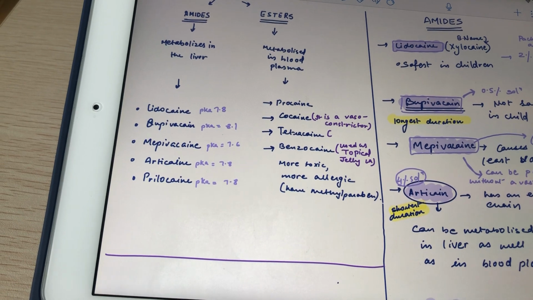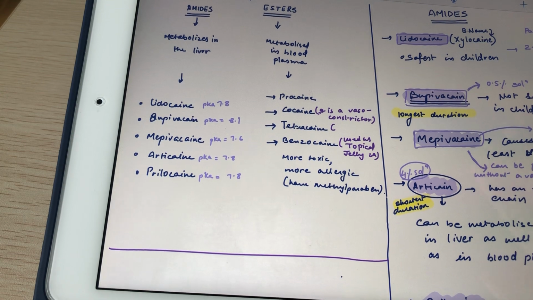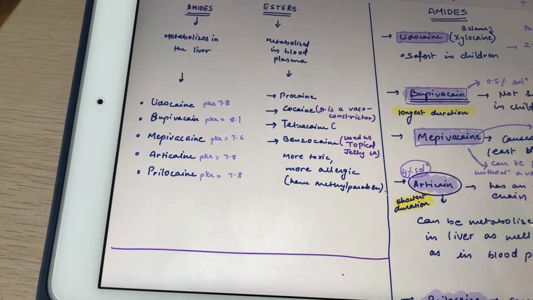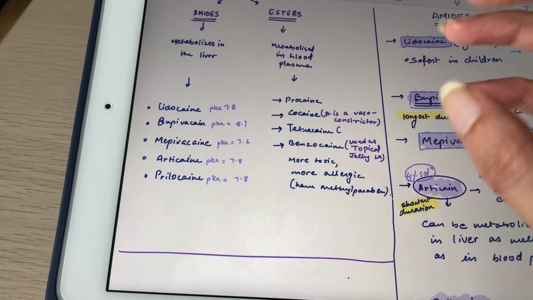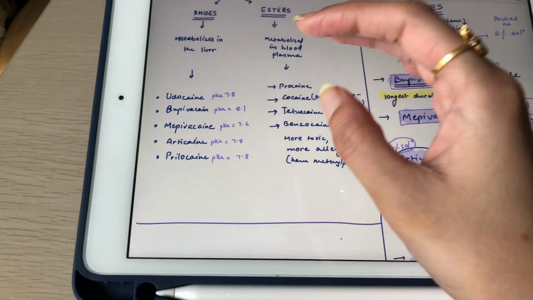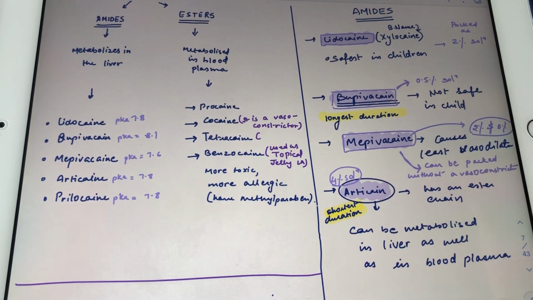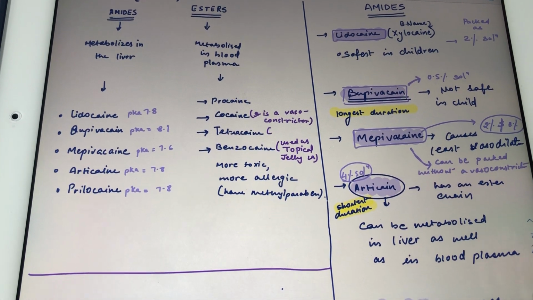At that time the amides can cause hepatotoxicity because they would not be metabolized and would reach a toxic level in the body, causing negative effects. So in these conditions esters can be easily used.